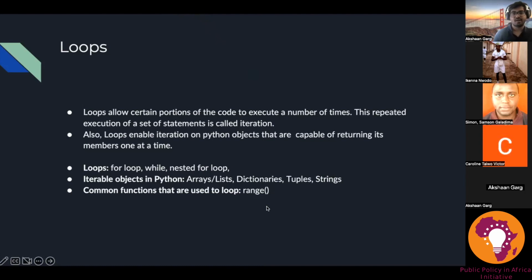So how do we use a loop? So the basic way that we'll do it is, for example, let's say we start with a for loop. This is one of the two types of loops. So for, right?